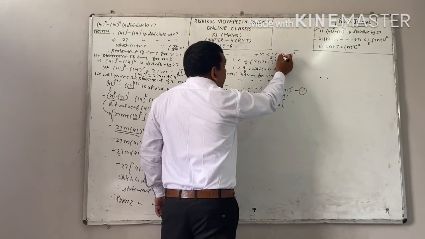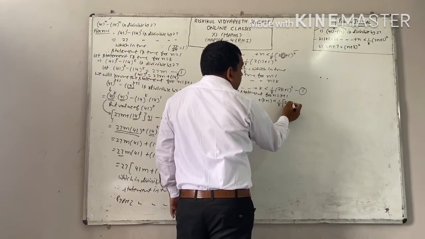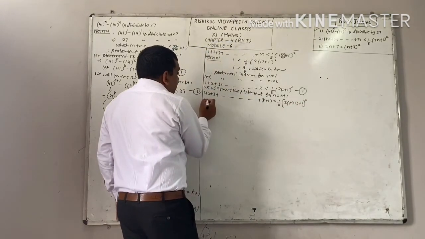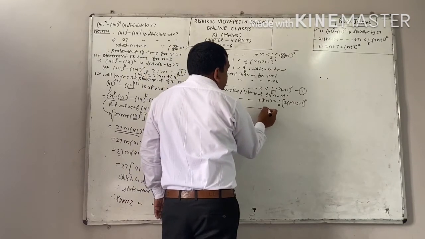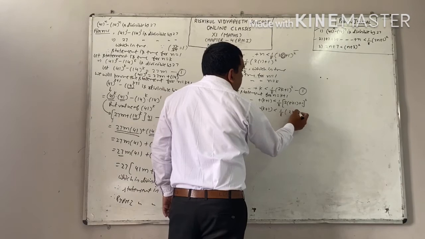When you put n equal to k plus 1 here, you will get 2 into k plus 1 plus 1 whole square. This will become 1 plus 2 plus 3 plus up to so on k plus 1 less than 1 by 8, 2k plus 3 whole square.